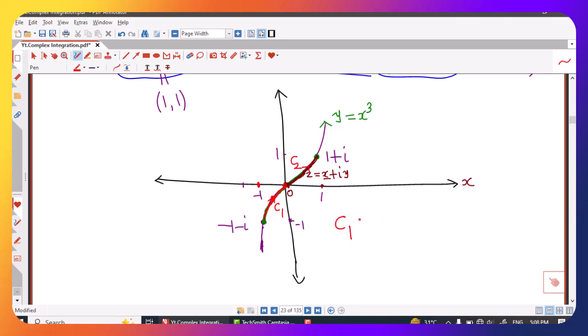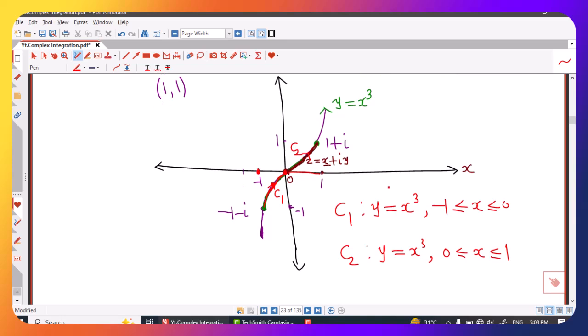For curve C1, the curve is the same, we are considering y equal to x cube for C1 as well as for C2, but C1 is that part of the curve y equal to x cube for which x is between minus 1 and 0. So here I write minus 1 less than or equal to x less than or equal to 0. For C2, x lies between 0 and 1. So here we write 0 less than or equal to x less than or equal to 1. So this makes the difference for C1 and C2.